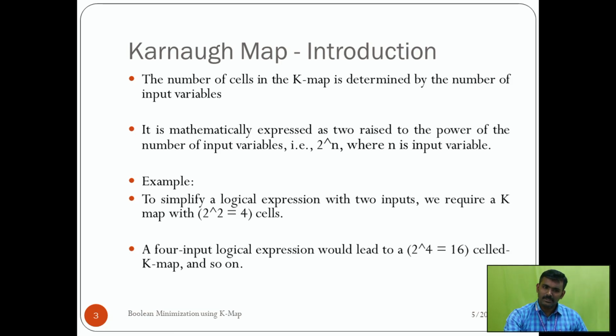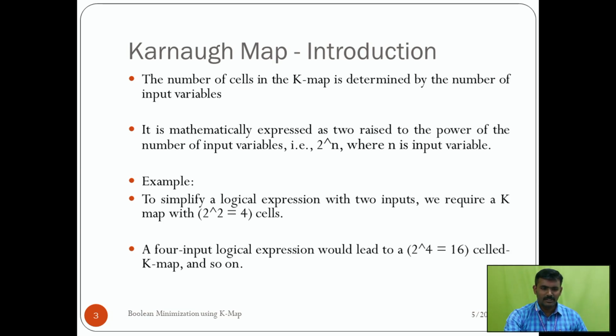It is mathematically expressed as 2 raised to the power of n. Suppose there are 2 variables, the Karnaugh map will have 4 cells. Each and every cell represents a minterm of the Boolean expression.